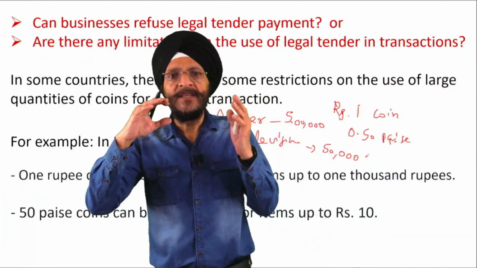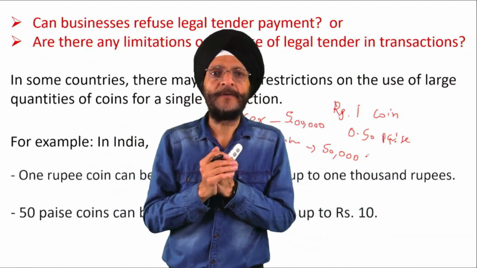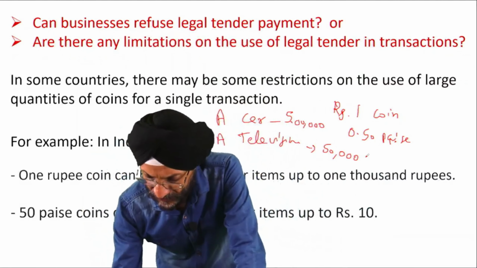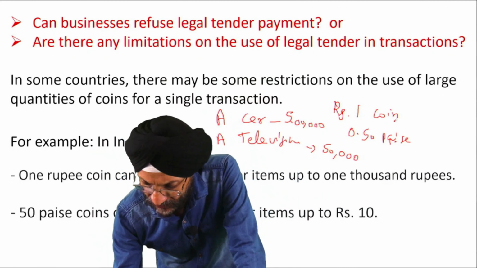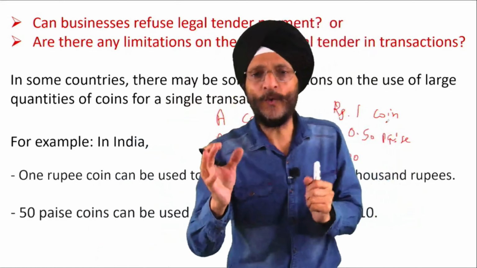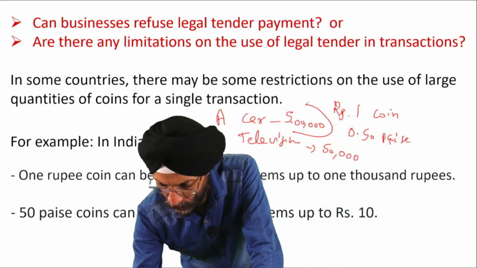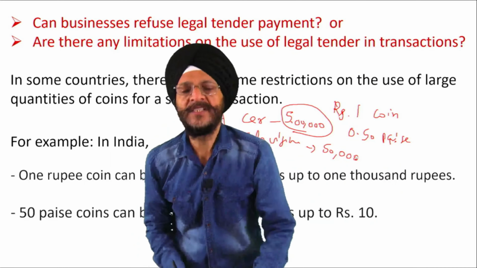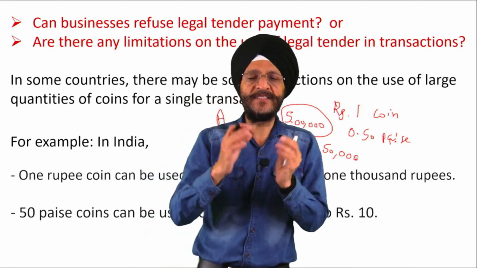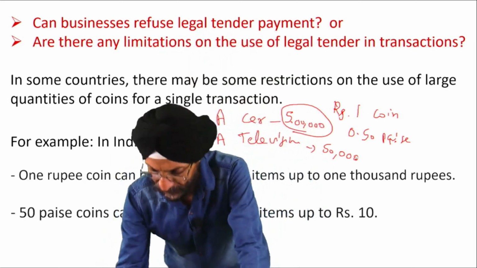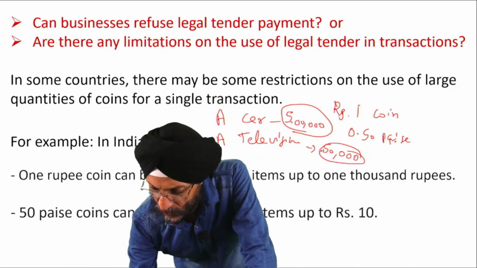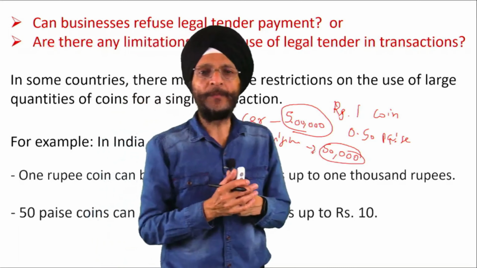Whether I will give the payment of the car in the shape of coins. That is, whether the seller will accept 5 lakh coins of 1 rupee denomination, or the television dealer will accept 50,000 coins of 1 rupee denomination.